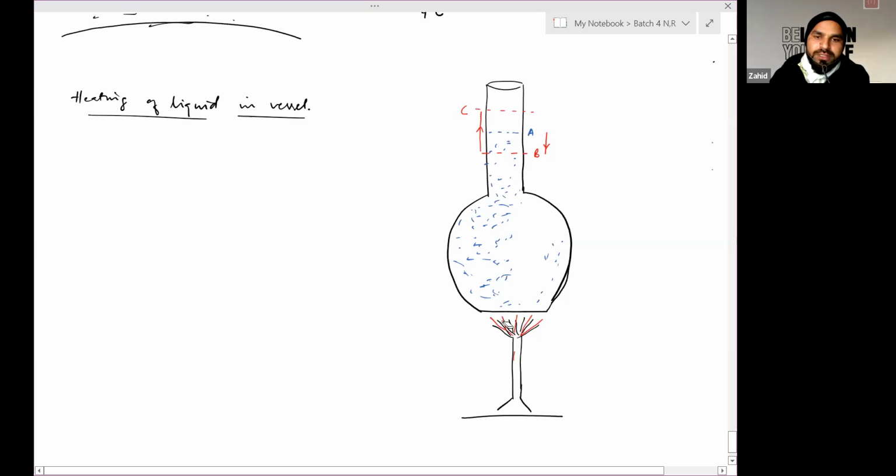Now, after it, heat will conduct through the vessel to reach the liquid, which will start heating up and then its level increases. So initially the level of liquid decreases due to expansion of the vessel, then increases due to its own expansion. Okay, sir.